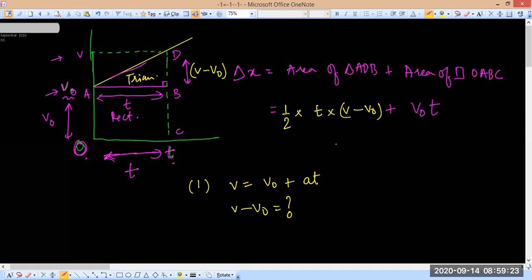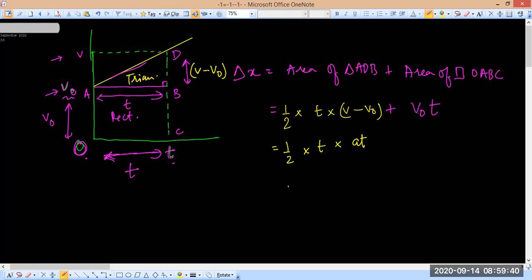Yes, that's right. So that's what we are going to put here. So this is half into T into V minus V0, instead of that, at. This is because V minus V0 is equal to at.